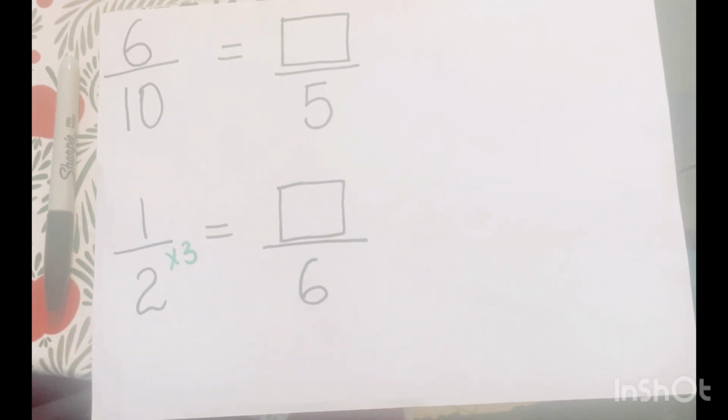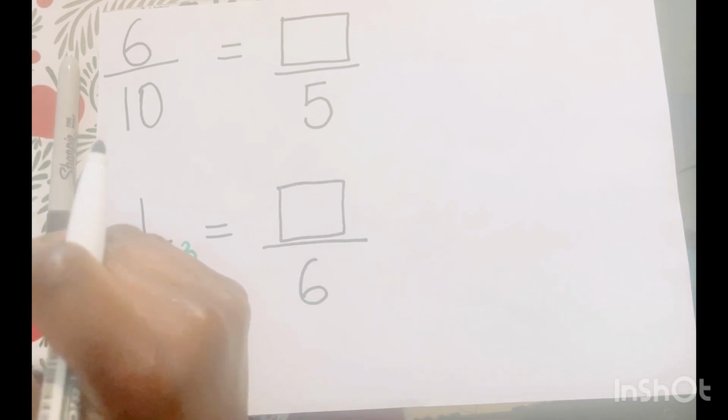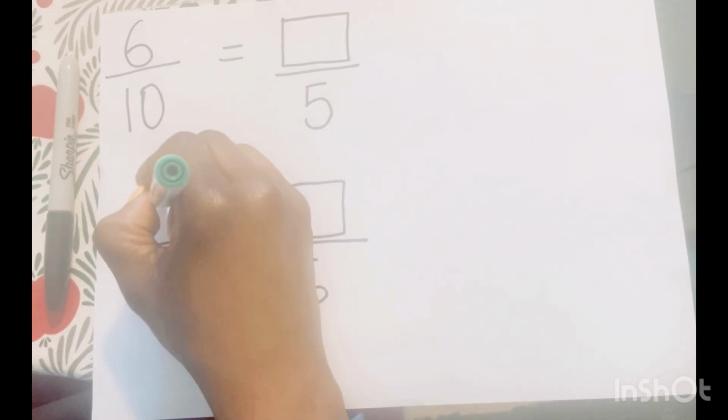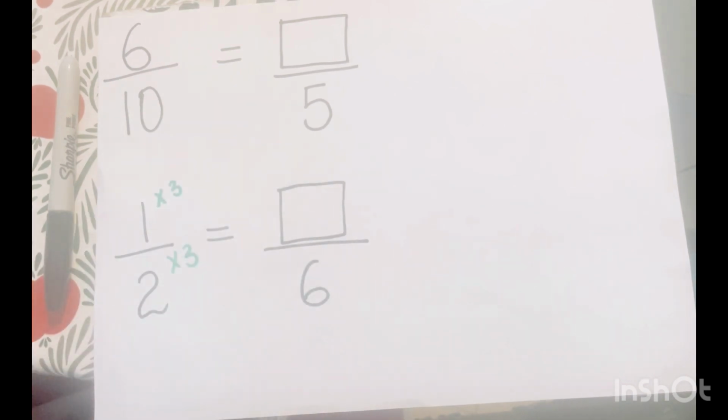When you're doing equivalent fractions, whatever you do to the denominator, you do to the numerator, and whatever you do to the numerator, you do to the denominator, using the same digit. Here we did 2 multiplied by 3, which gave us 6, and we do the same thing here: 1 multiplied by 3 gives us 3.